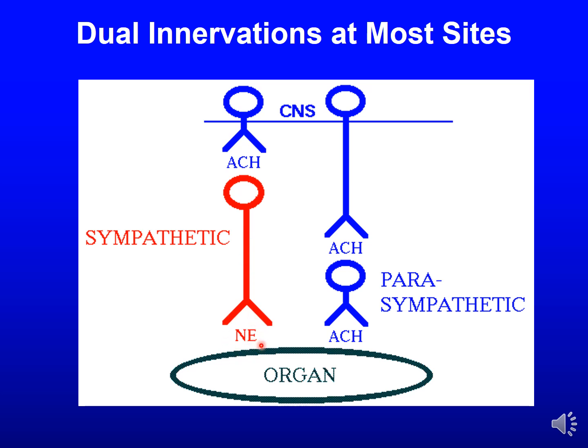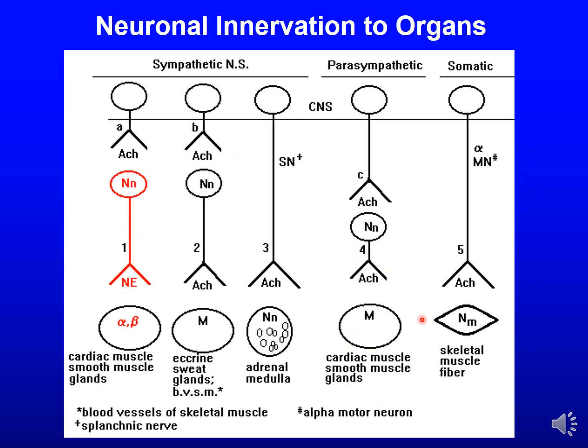In the case of sympathetic, it will release mainly norepinephrine to the target organ. We already talked about one exception, which is the innervation of the sweat glands, where they will release acetylcholine, while in the case of parasympathetic, they will release acetylcholine that binds to different receptors at different organs.